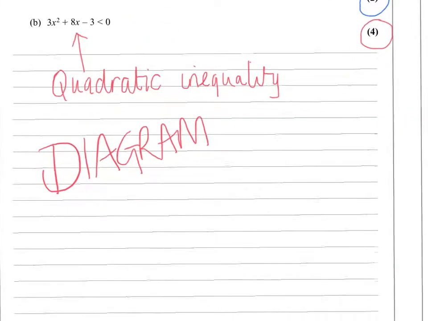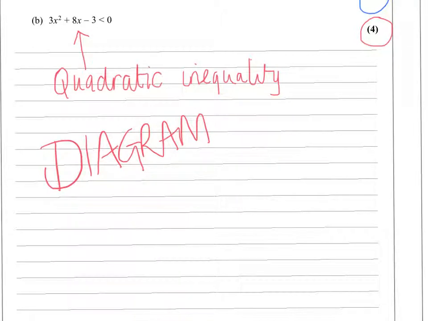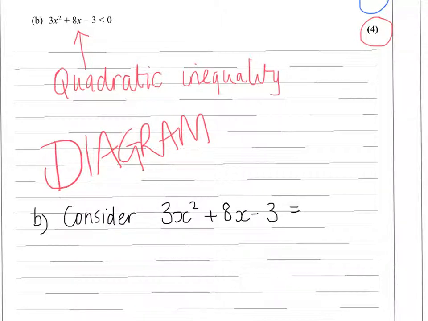Okay, what we've got then for part B, we say consider, because this gives us our critical values for a quadratic. So consider this quadratic equal to 0, and that allows us to find the roots of this quadratic.